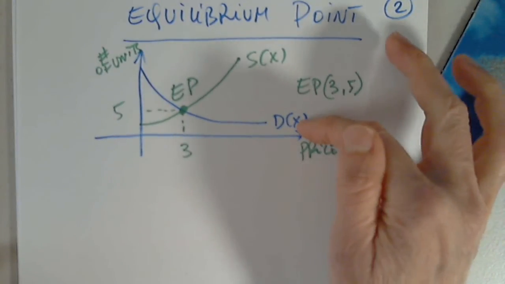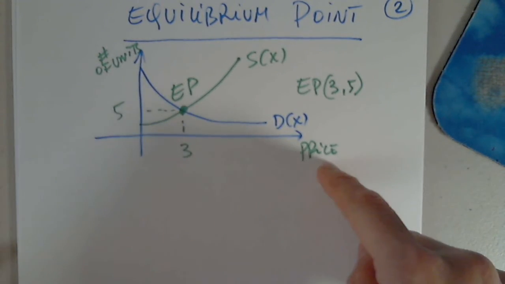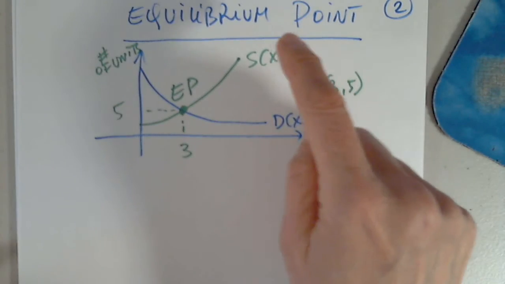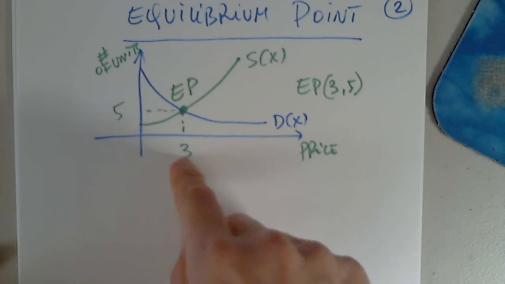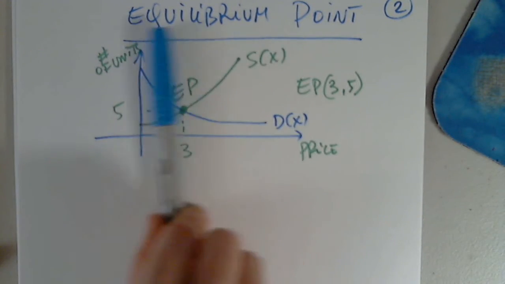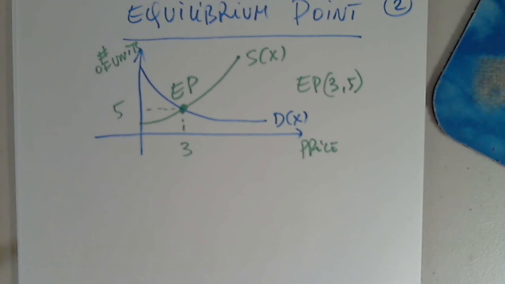The consumer is happy to purchase 5 at 3 for the equilibrium point, and the producer is happy to produce and sell 5 at that price. Now, if we deviate from here, left and right, one or the other loses. But at 3, 5, everyone is happy.